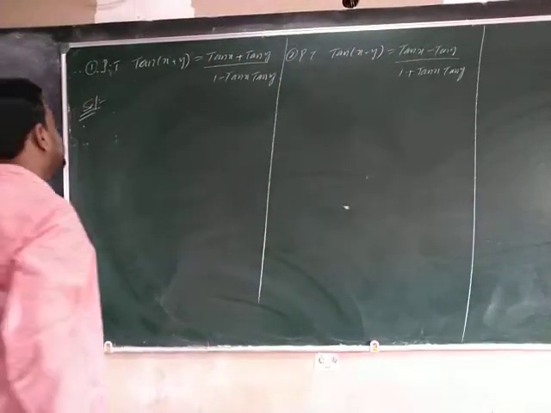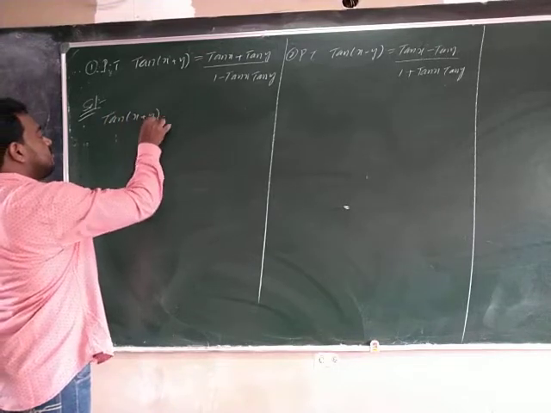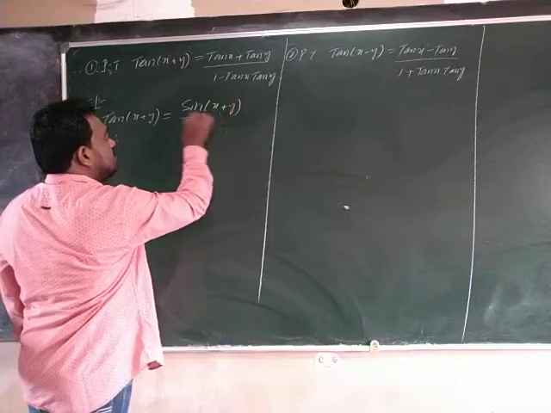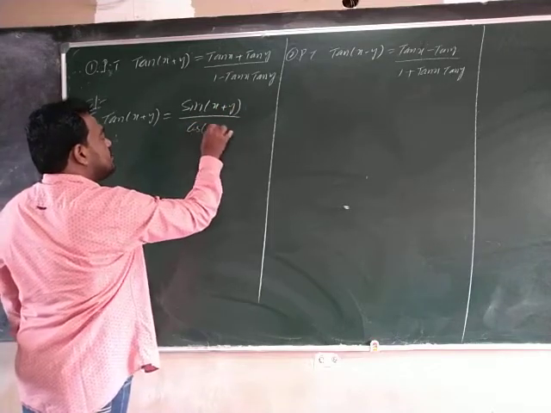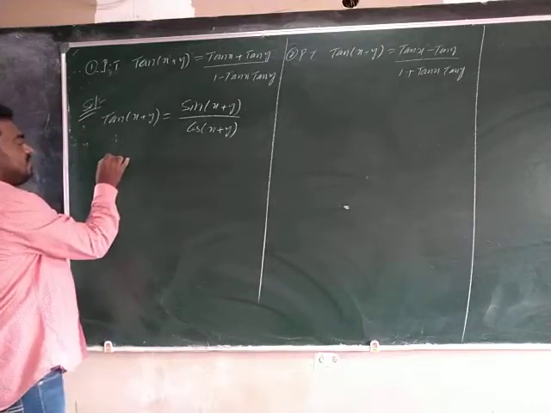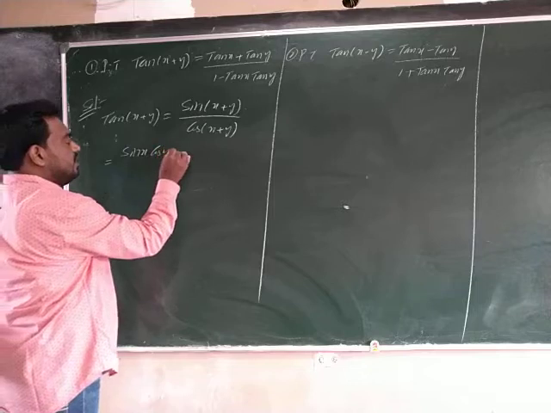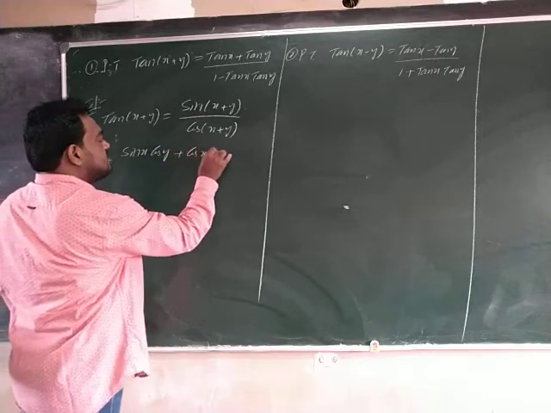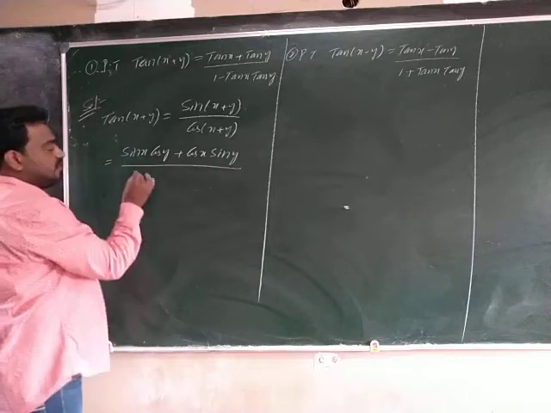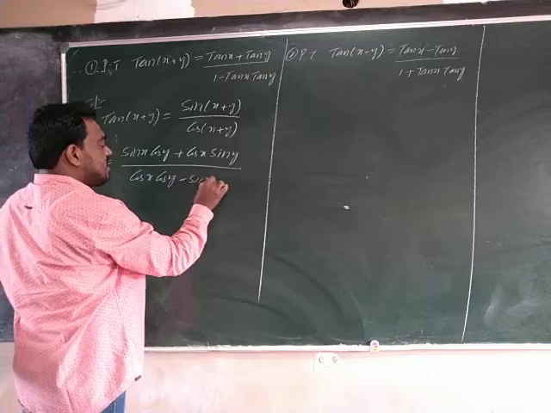Tan of x plus y, tan is equal to sin by cos, so sin of x plus y by cos of x plus y. Now sin of x plus y is equal to sin x cos y plus cos x sin y. This is our formula. Cos of x plus y is equal to what? Cos x cos y minus sin x sin y.